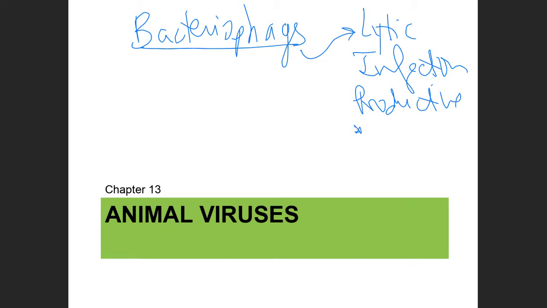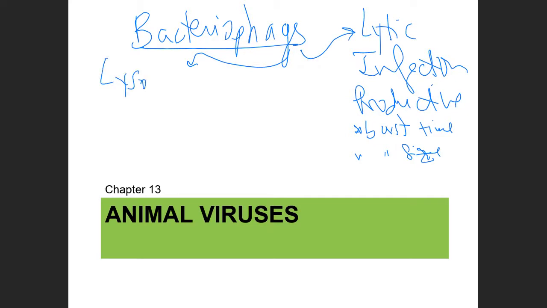It has a burst time, which means the time that it takes for the whole infection to proceed. It has a burst size, which refers to the number of viral particles made during the lytic infection, during the burst time. We also talked about a lysogenic infection.